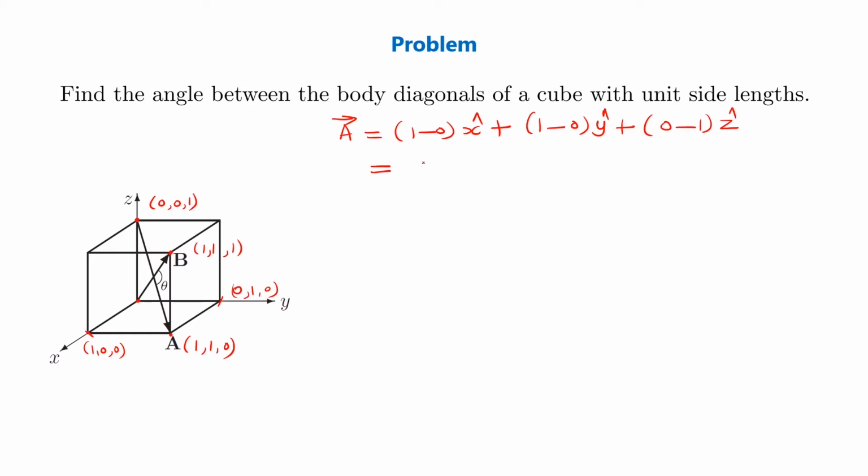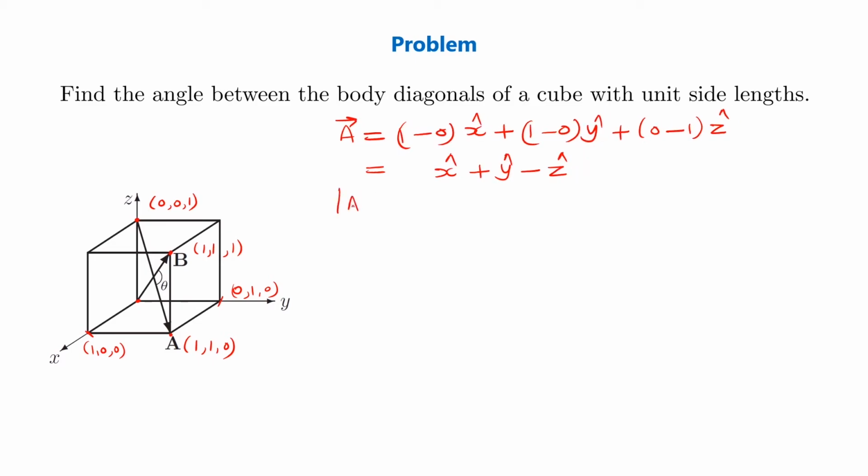So this is equal to 1 x hat plus 1 y hat minus 1 z hat, and modulus of vector A is equal to square root of 1 square plus 1 square plus 1 square, equal to square root of 3.